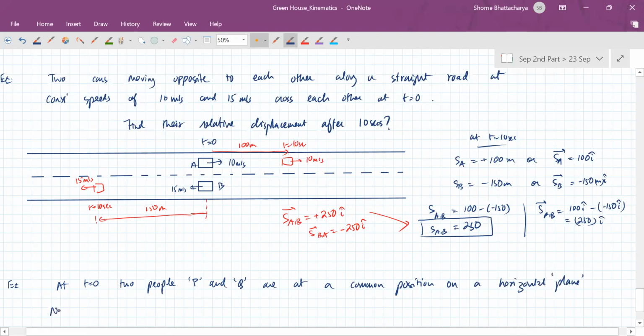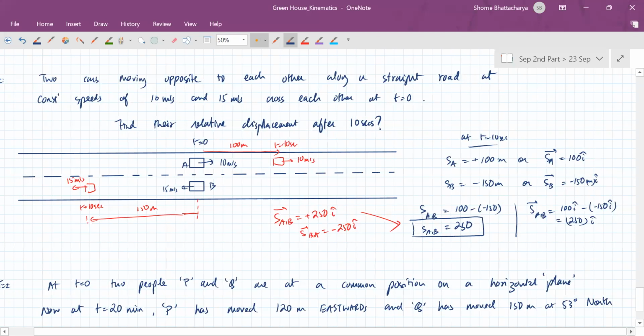Now, at t equal to, let's say, 20 minutes, P has moved 120 meters east, and Q has moved 150 meters at 53 degrees north of east.